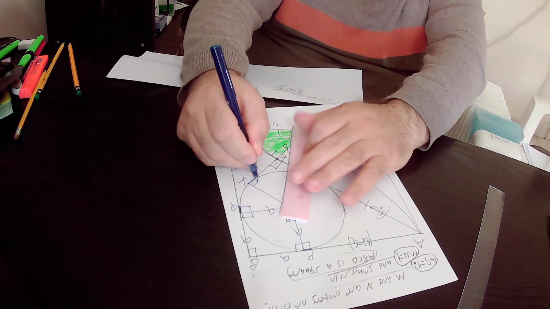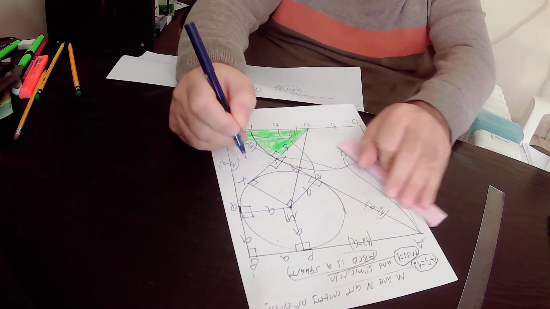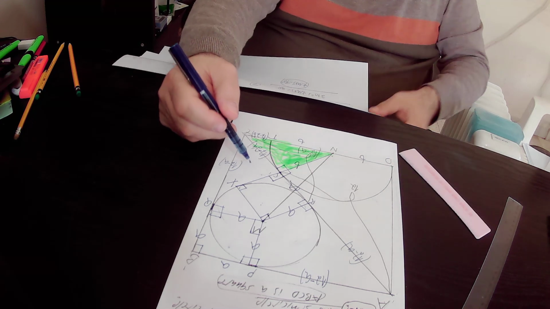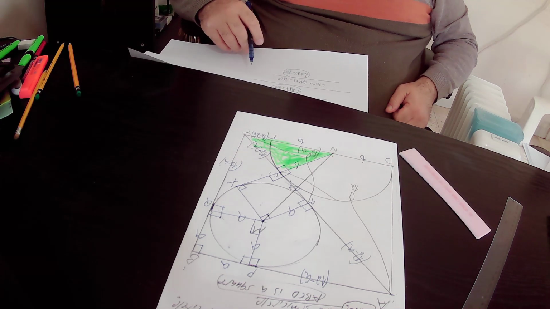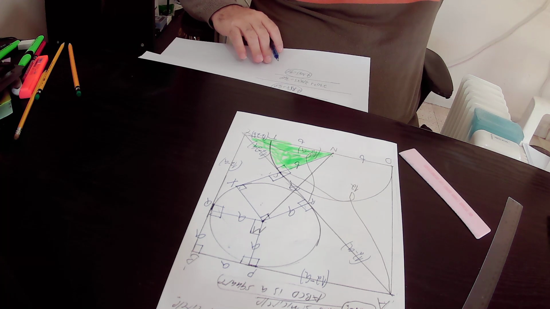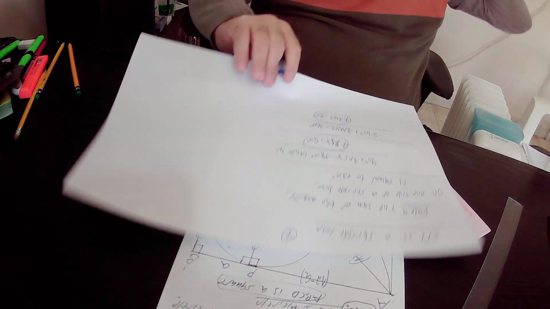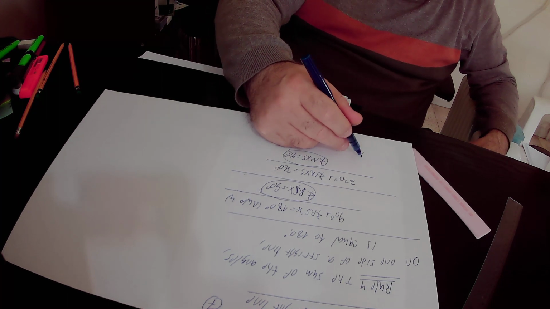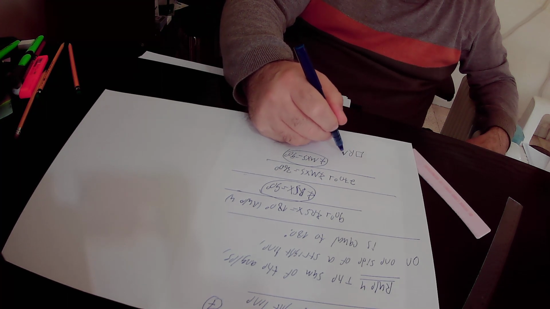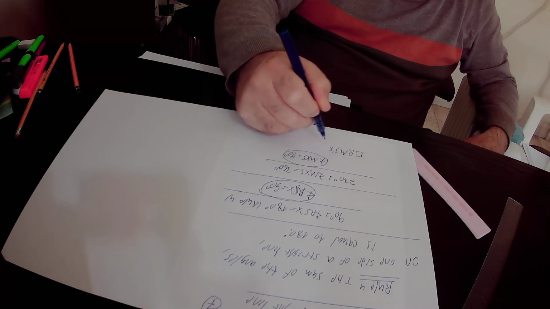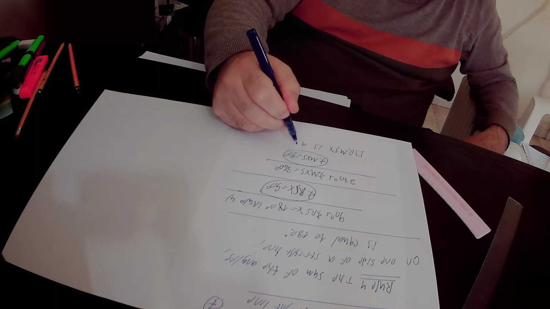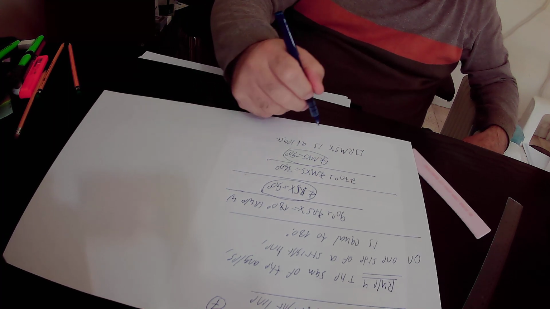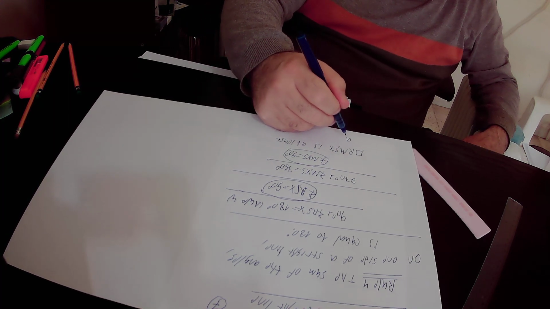Therefore, quadrilateral RMSX has 4 right angles, and any quadrilateral that has 4 right angles must be at least a rectangle. So we can write down that quadrilateral RMSX is at least a rectangle.